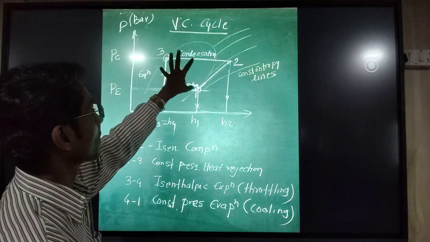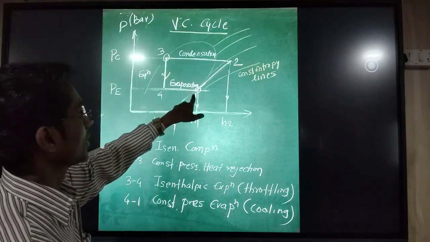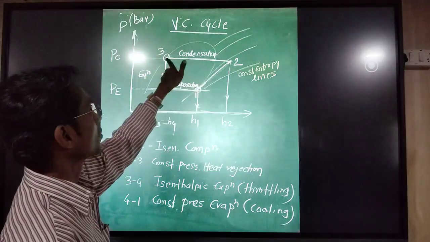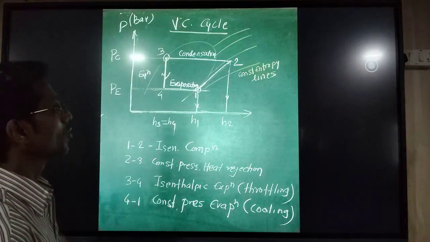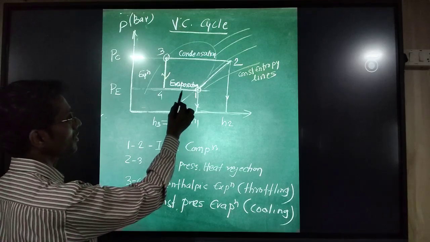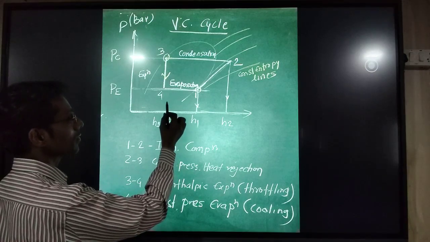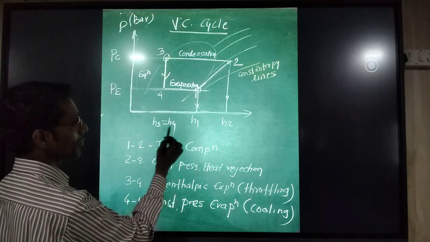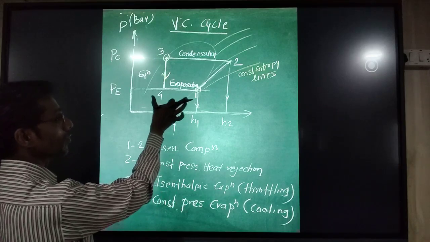When the vapor compression cycle is plotted on this pH chart, we can see process 1 to 2 compression, 2 to 3 condensation, 3 to 4 expansion and 4 to 1 evaporation. Especially the 4 to 1 process is the refrigerant effect of the system, what is received at the space to be cooled, H1 minus H4 in enthalpy form, the output of the system.